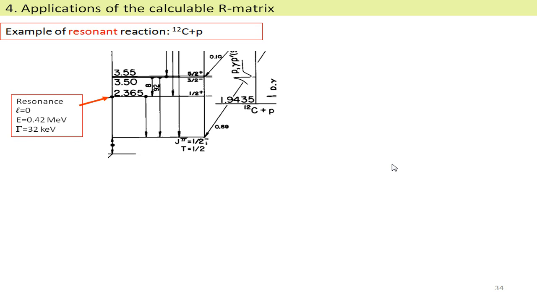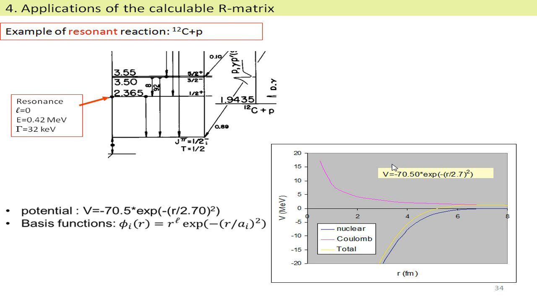Now let me show the same thing for a resonant calculation, and an example which I will consider several times today and tomorrow is carbon-12 plus proton. In carbon-12 plus proton, you have an L equals 0 resonance just above threshold here.